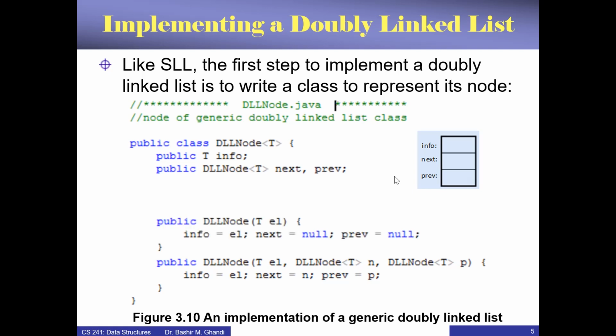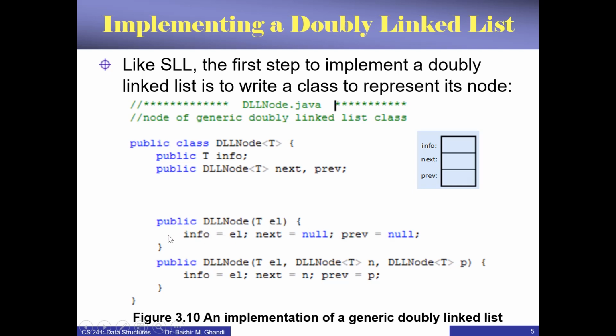Okay, we have another constructor which assumes we don't have information for next and prev. We only have the information for the info field. In that case, how do we initialize our node after we create it? Simply by assigning the info to the info field. So info becomes element, but the other two variables will be assigned null values.